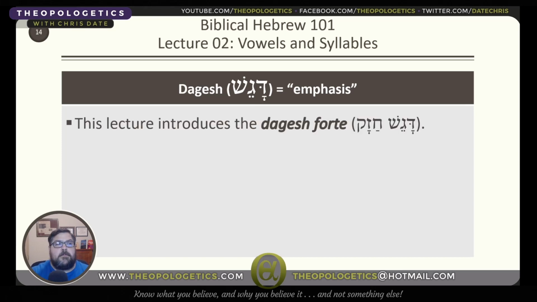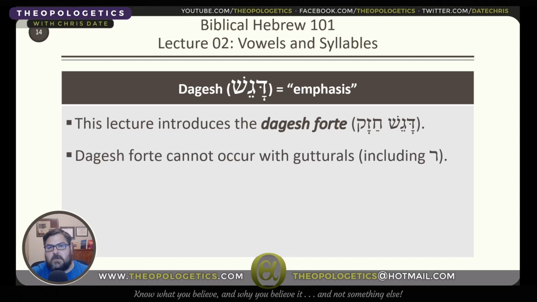All right. This lecture, however, introduces the second of the two kinds of Dagesh, the Dagesh forte, or Dagesh chazak. This means strong Dagesh. Remember, it's not forte. This isn't Italian. This isn't a musical instruction. This is Latin from fortis, forta, meaning great or strong. Dagesh chazak is how they would say it in Hebrew.